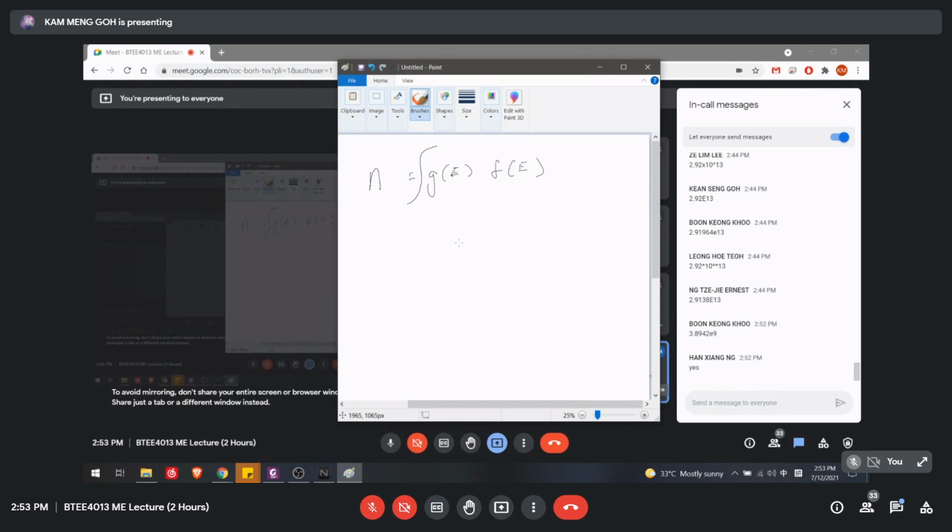So after doing the integration, our NO will be equal to NC exponential negative EC minus EF over KT. And the PO will be NV exponential of minus EF minus EV over KT.